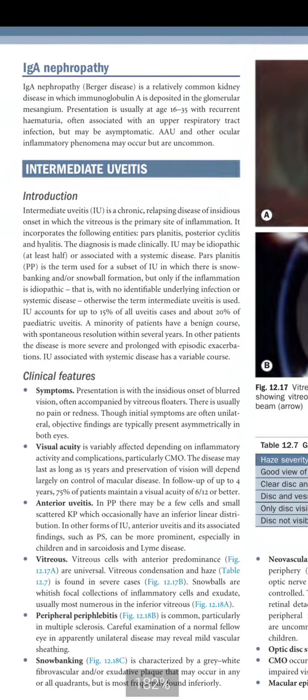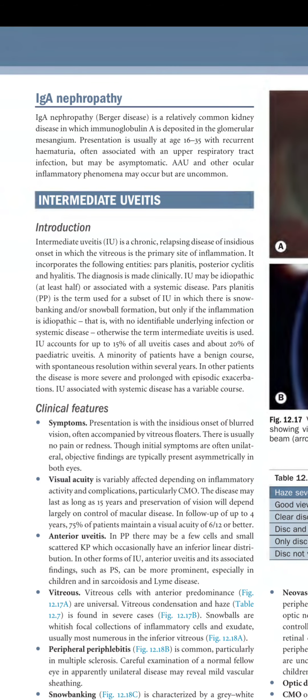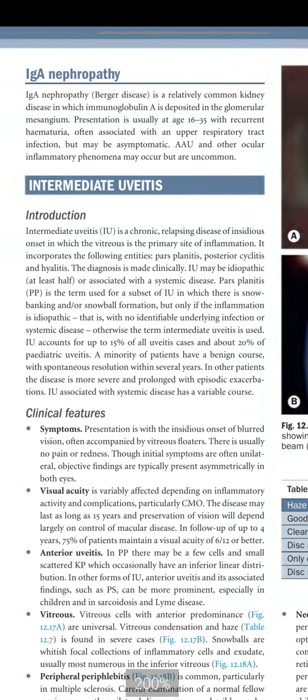IgA nephropathy. IgA nephropathy, Berger disease, is a relatively common kidney disease in which immunoglobulin A is deposited in the glomerular mesangium. Presentation is usually at 16 to 35 years with recurrent hematuria, often associated with upper respiratory tract infection, but may be asymptomatic.